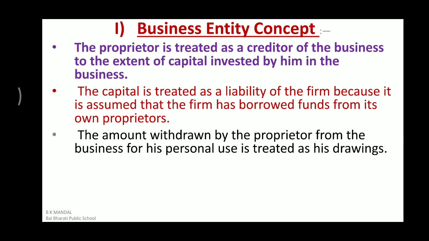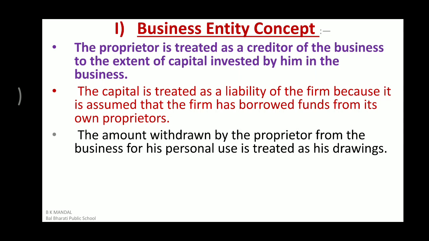Assets is equal to capital plus liabilities, where capital is also an internal liability, because the actual equation is total assets is equal to total liabilities. Then total liabilities are divided into two parts, internal liabilities and external liabilities. Internal liabilities are termed as capital, and external liabilities are termed as liabilities only.